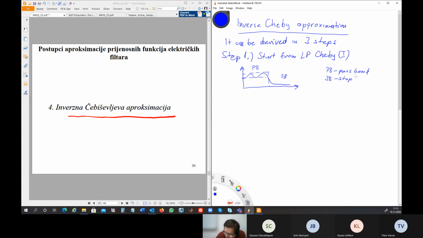And then we recognize this value as 1 plus epsilon square. The characteristic is like this.